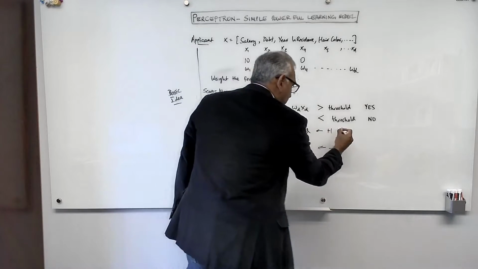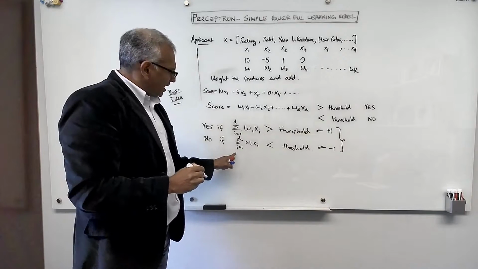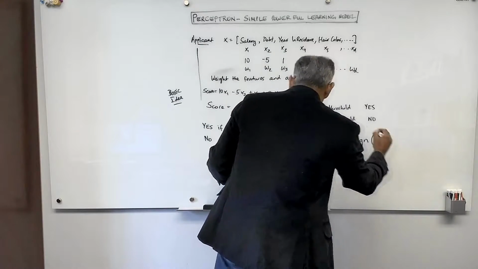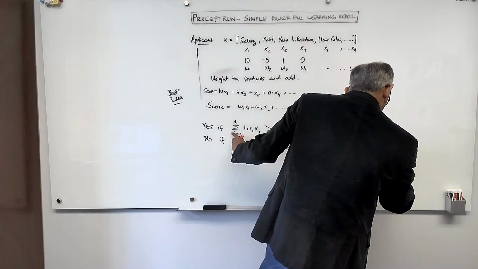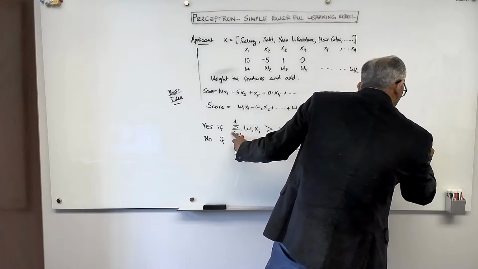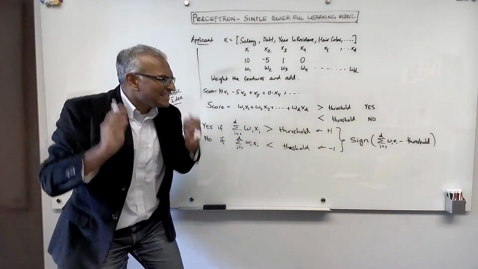So I can combine these two into an equivalent single formula as follows. I can take the sign of the sum from i equals 1 to d of Wi xi minus threshold. And that simple formula is my decision.